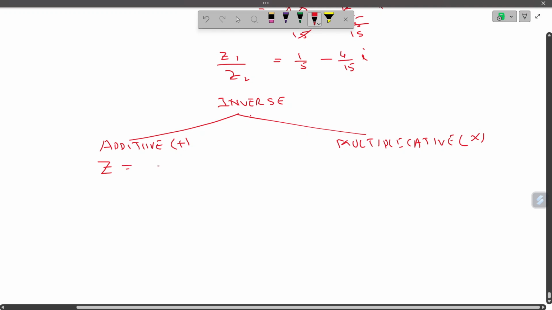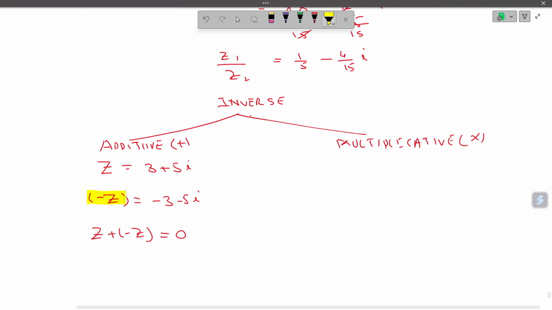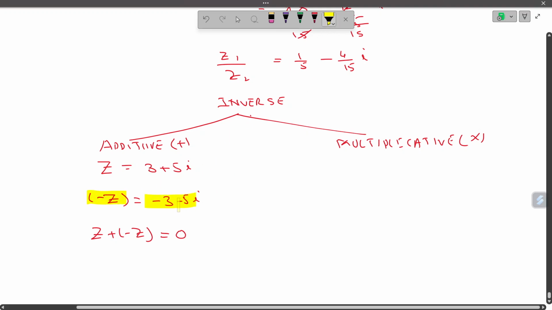Example, suppose z equal to 3 plus 5i, additive inverse equal to minus 3 minus 5i. Because whenever you write z plus its inverse, it should come to 0. So additive inverse means whatever is given, you have to change the sign and write.